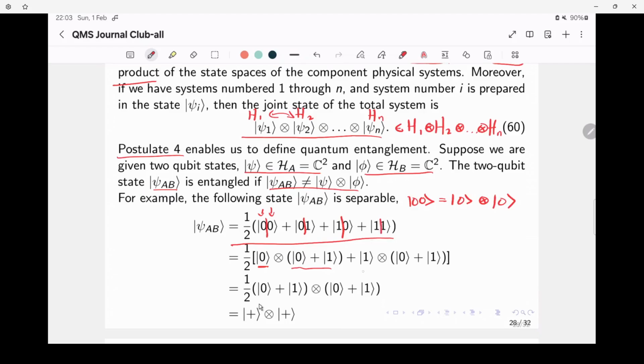Similarly with the 1 state with 0 and 1. Then you can further factor out the term both contain, the tensor product. In the end, you see that this is just the plus state tensor the plus state. Because your psi AB can be written like this, this is a separable state.